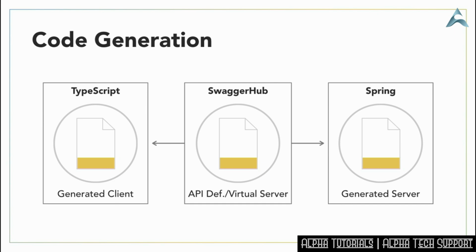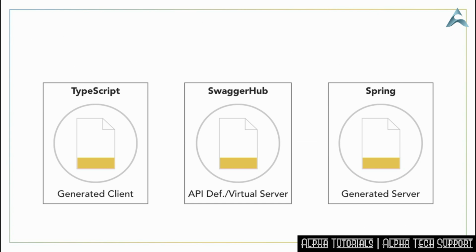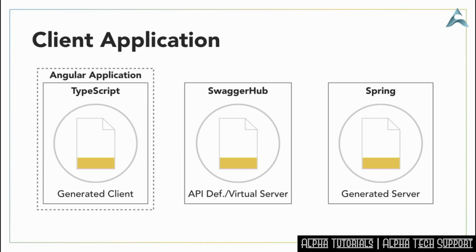Also, we'll create a Spring-based server stub that provides the beginnings of an API implementation. We'll then integrate the client SDK into a small Angular application so that it can retrieve mock product data from the virtual server running on SwaggerHub. The Angular app will use the product data to build out a simple interface containing the H+ Sports product catalog.